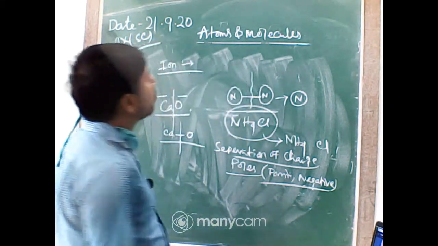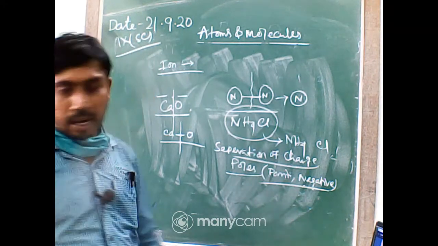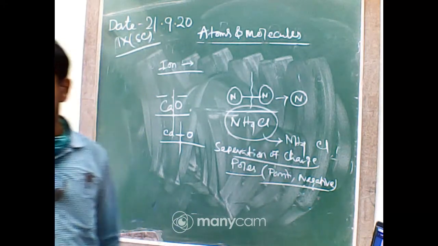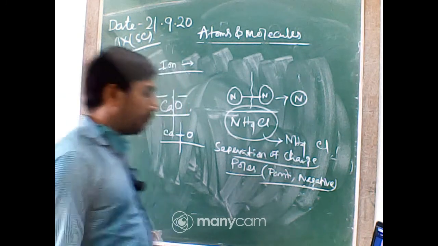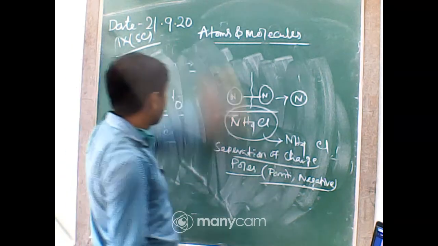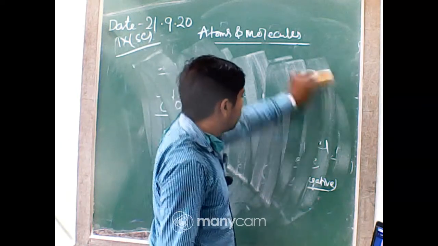Any confusion up to that? Only up to the definition of ion is done today. Next day I will tell about the details of the different ions, that is how the ions are represented.